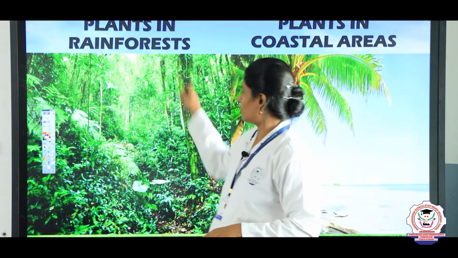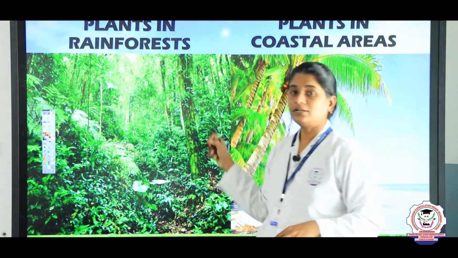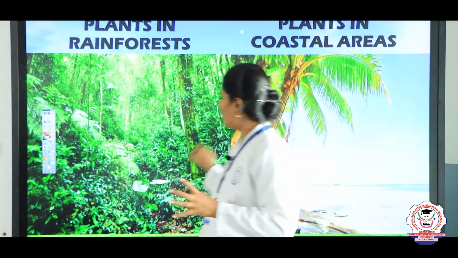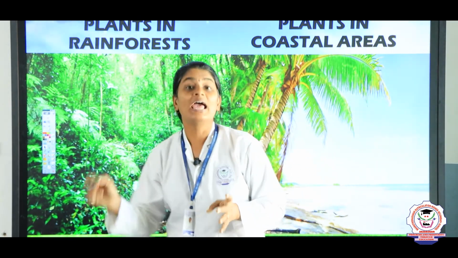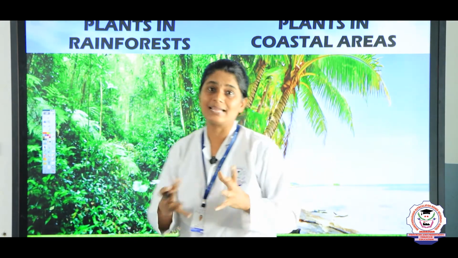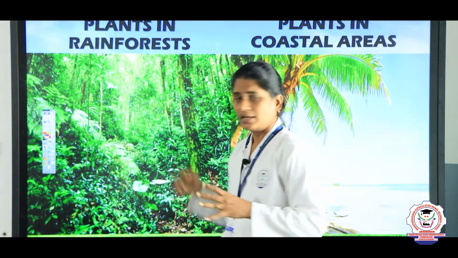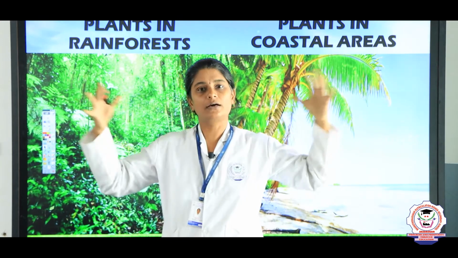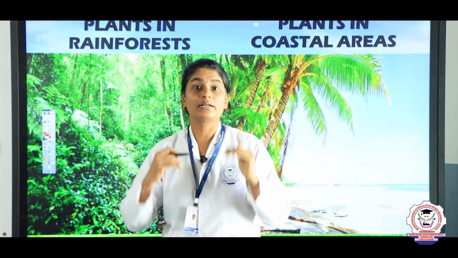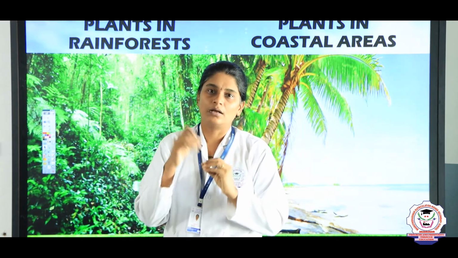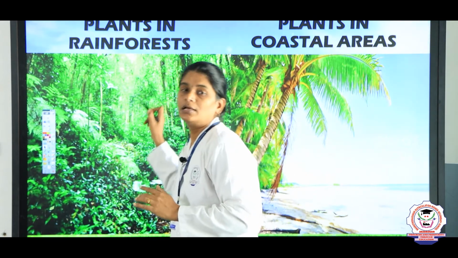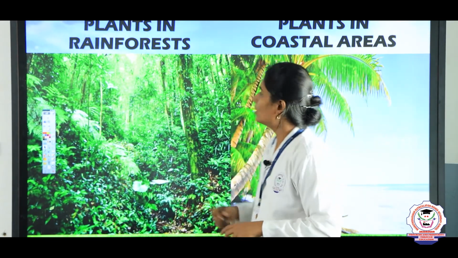In the rainforest, the climate is hot and very wet, and there is usually heavy rainfall. We can see many types of plants growing in the rainforest. We can see thick crowned trees, and also small trees and climbers, right.